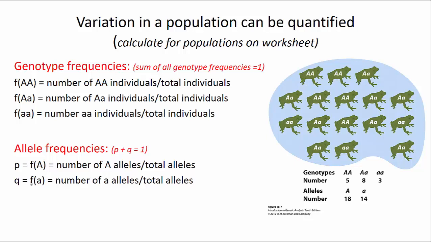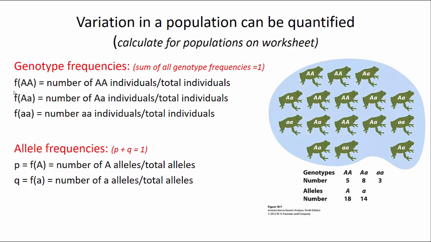The same thing can be done to calculate the frequency of little a, and we're going to name the allele frequencies p and q. p is generally the frequency of the more abundant allele in the population, whereas q is the frequency of the less abundant allele. One other thing I'd like to point out is that the genotype frequencies will all add up to 1.